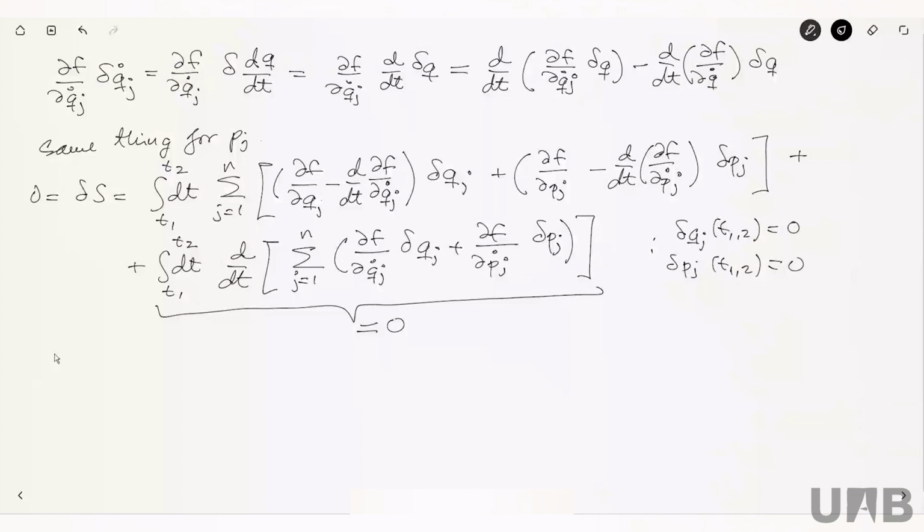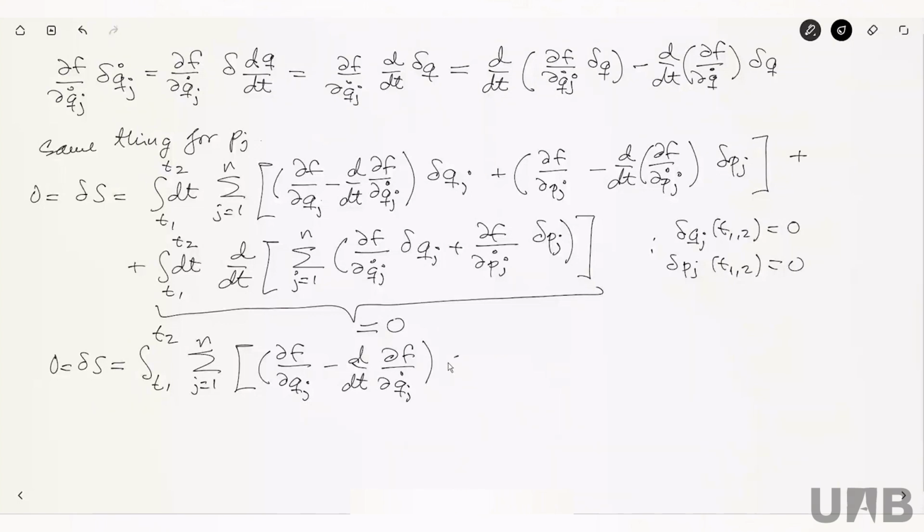So that means that 0, which is this delta s, is actually the integral from t1 to t2 of the sum from j equals 1 up to n of the first term only, which I'm going to write: partial of f with respect to qj minus derivative with respect to t of partial of f with respect to q dot j, times delta qj, plus derivative of f with respect to pj minus d dt derivative of f with respect to p dot j, times delta pj.